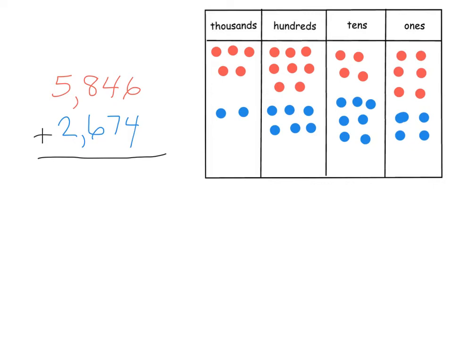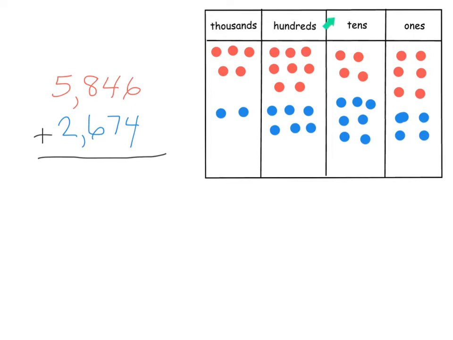So if I add up all of my ones, that would be 1, 2, 3, 4, 5, 6, 7, 8, 9, 10.